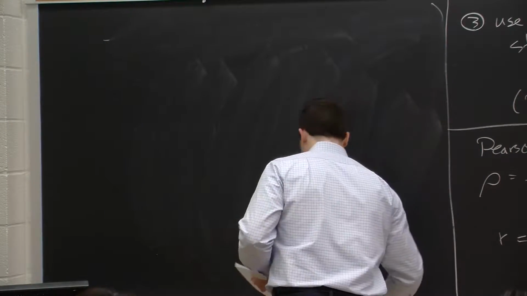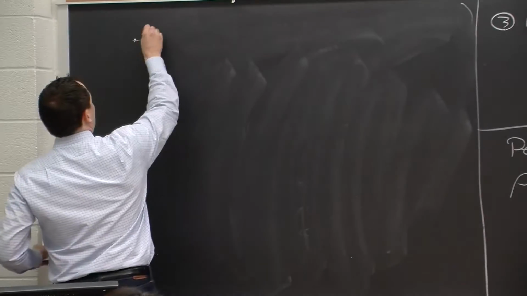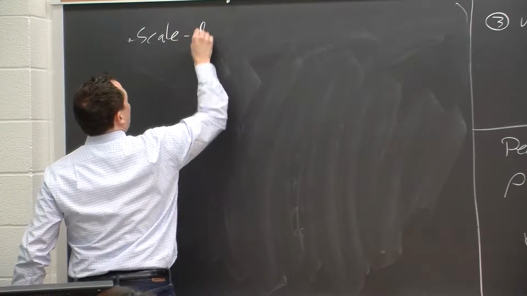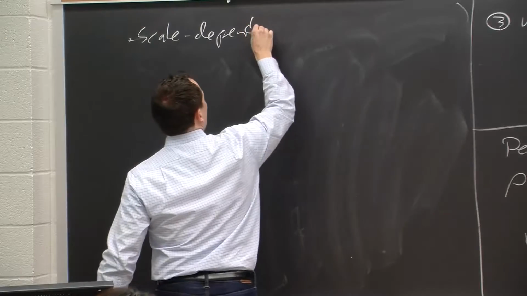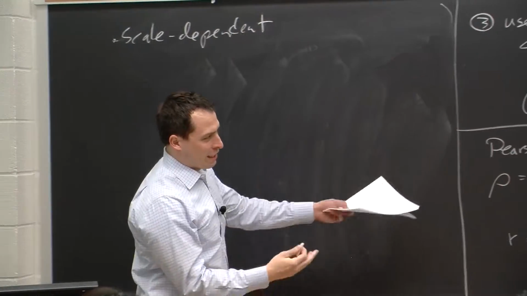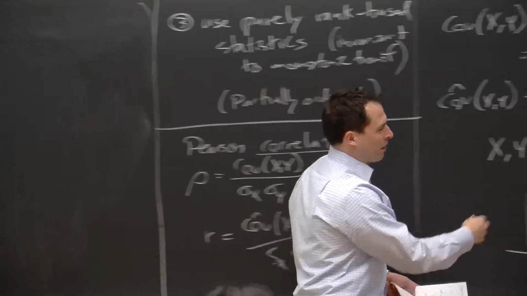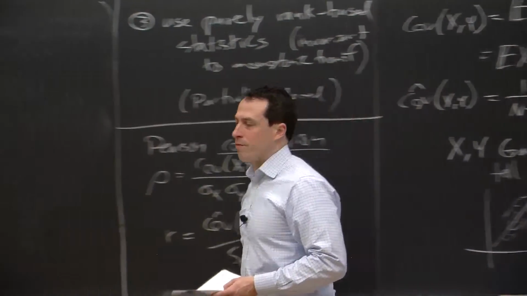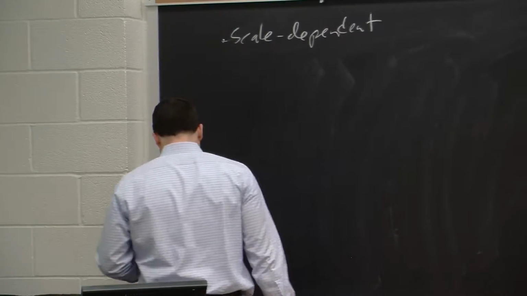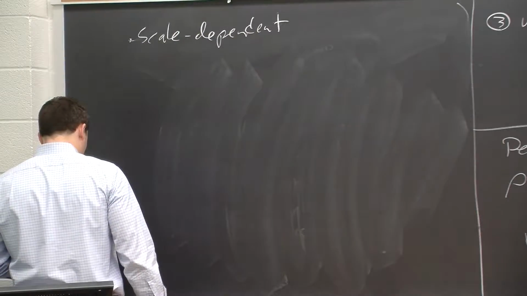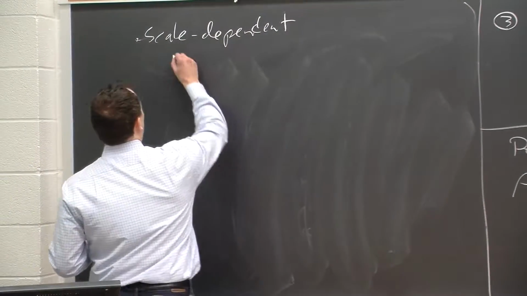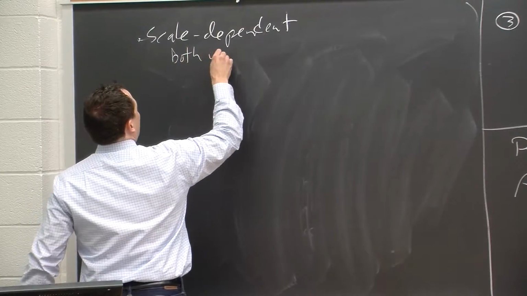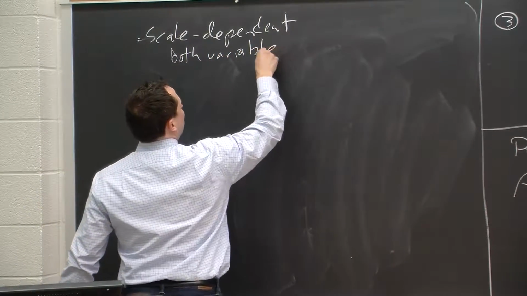And the other thing to note is that it's, of course, scale dependent. I mean, we're talking about choice of encoding, but if I change the encoding, if I change the numbers, if I rescale one of these axes, I can get a wildly different correlation. So you have to be careful about that. And these are assumptions to worry about.